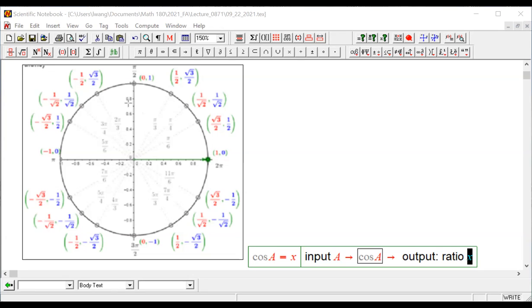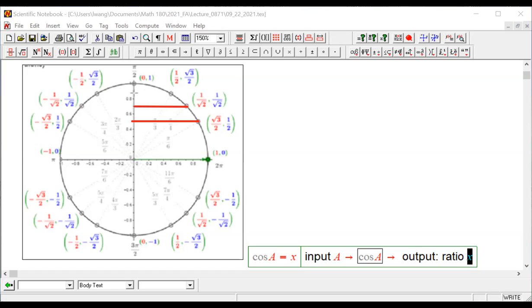And what is the visual? The red numbers represent the x, the horizontal measurement from the origin. I wouldn't say the input for cosine because that could be confusing. Still, the input is the angle, because we don't want to have too many inputs.